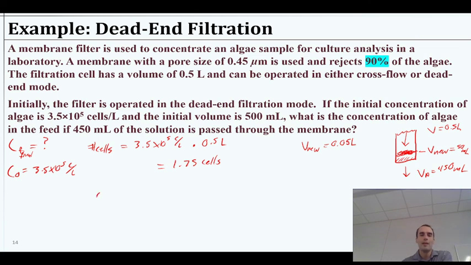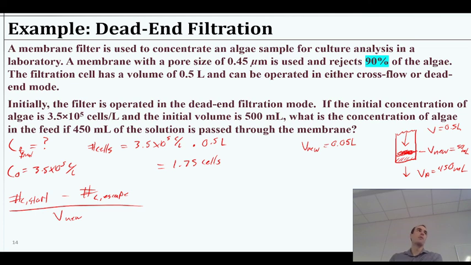So I'll say number of cells escape, and I'm going to subtract that from the number of cells we started with. So number of cells start minus the number of cells escape, divide that by the new volume we have, should give us our C final.